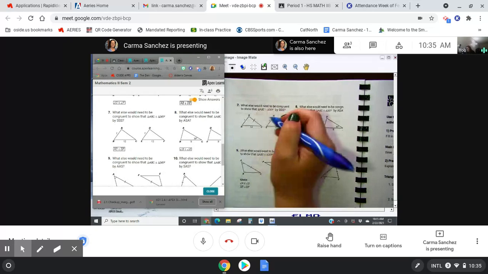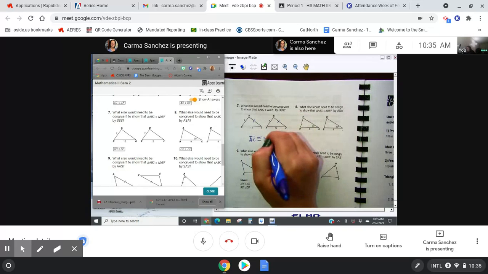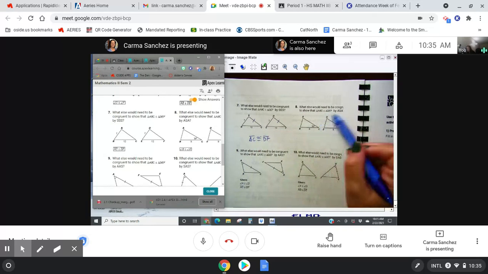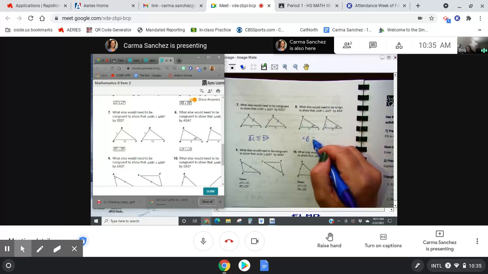I would need this side to be congruent to this side. For this one to be able to do angle, side, angle, it would need to be this guy right here. Angle B congruent to angle E.